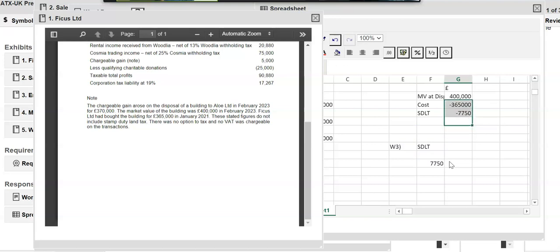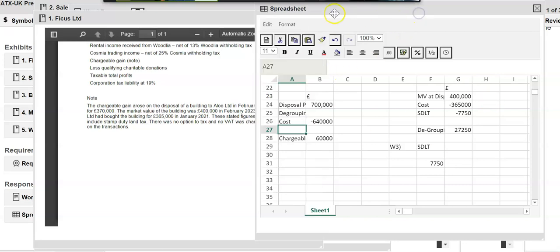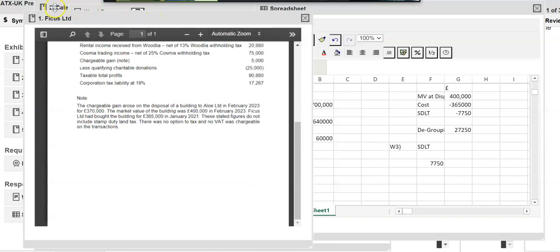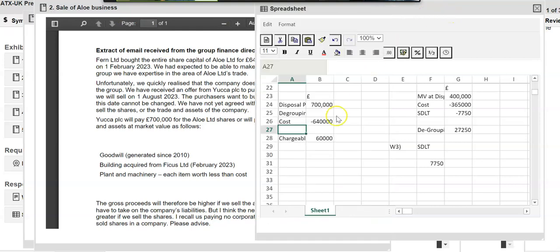So now you have the gain, and the degrouping charge was equal to the gain which would have been realized. So I'm just writing a degrouping charge. It will be added to the proceeds or added to the gain, because it has to be payable, right? So the gain is 87,250. Agreed? Any confusion in this?